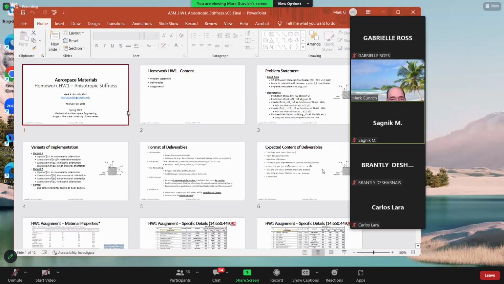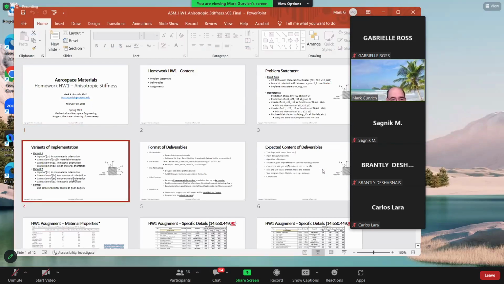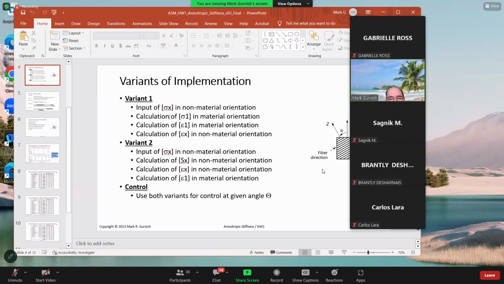So this was homework 1, and the question was regarding variant 1 and variant 2. What is the difference between them? Remember when we discussed analysis, we brainstormed what ways could be used for calculation.